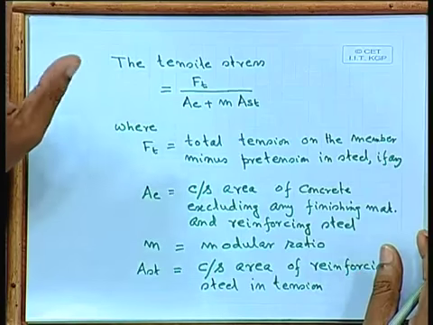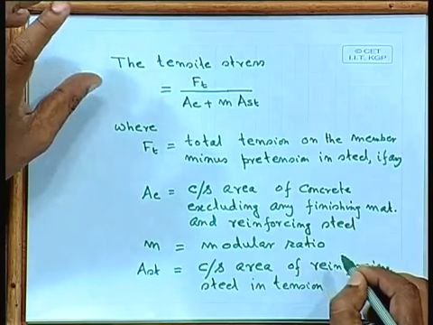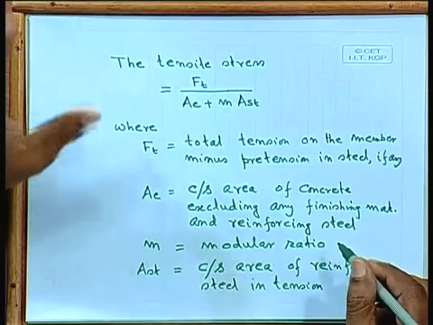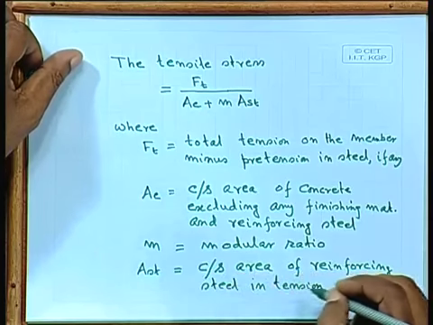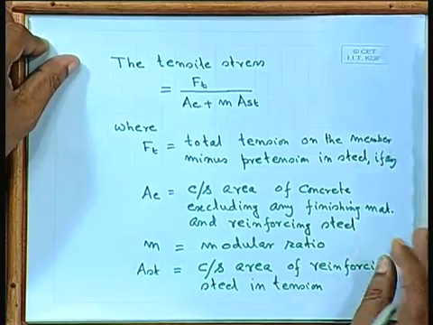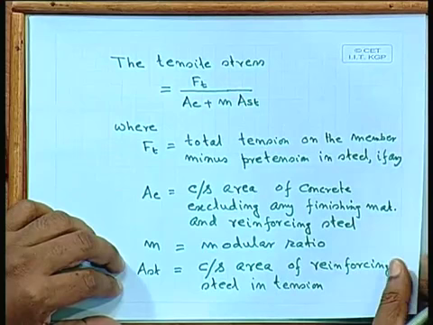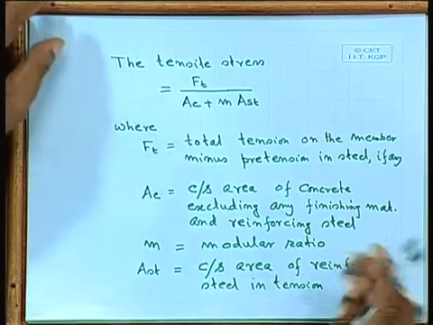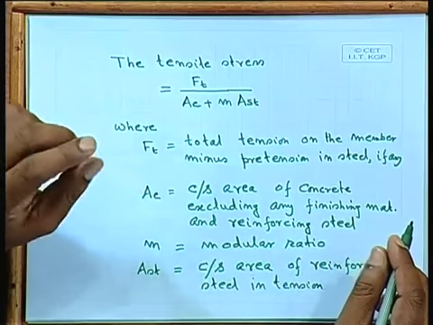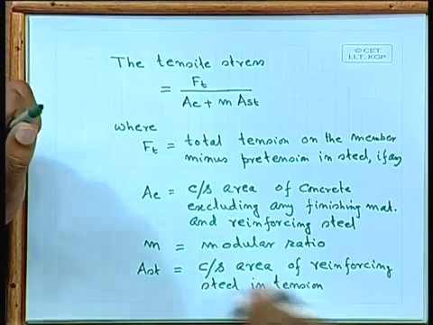So that's why we are very specific that we are not considering any finishing material. M is the modular ratio, ES by EC, but our code takes a different formula that we are coming to next. And AST is the cross sectional area of reinforcing steel in tension, of all the bars. Always we consider it that way, the total area of the bars you are providing.